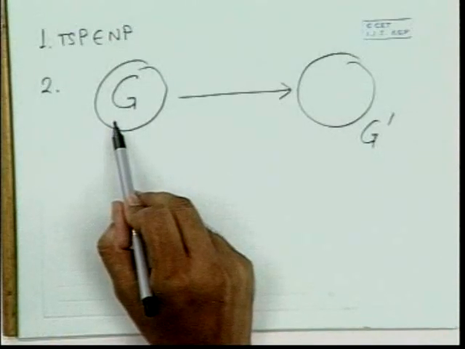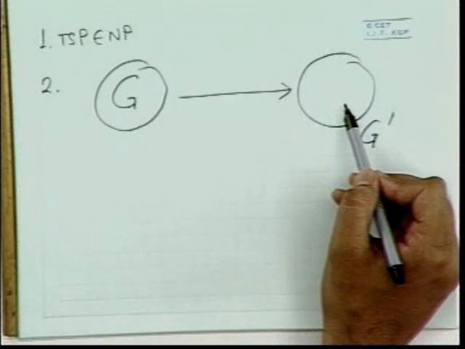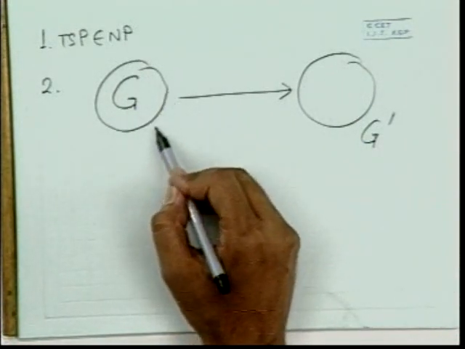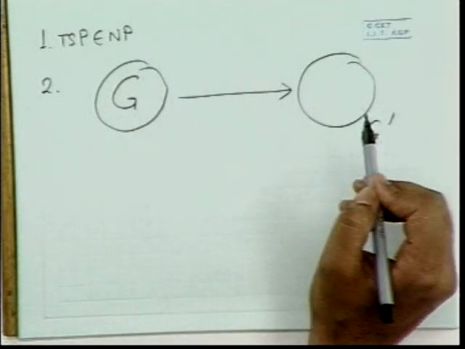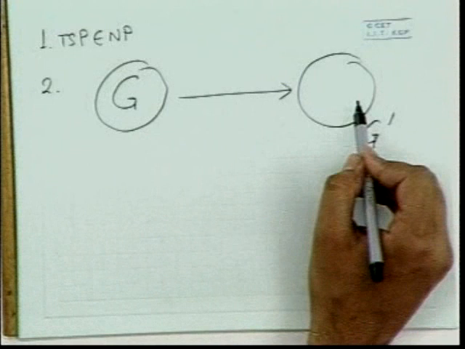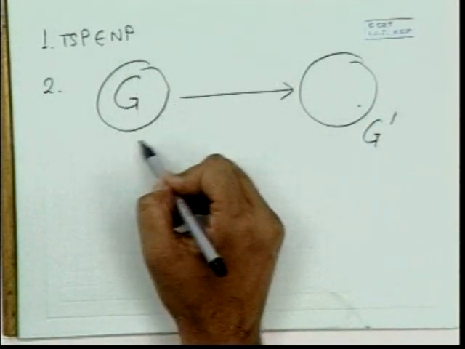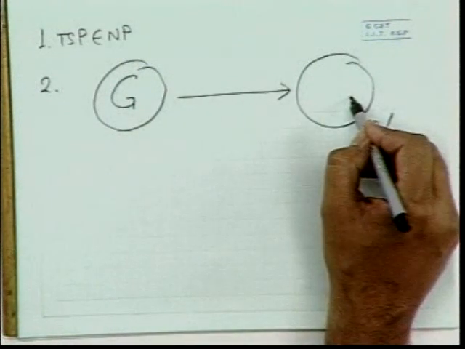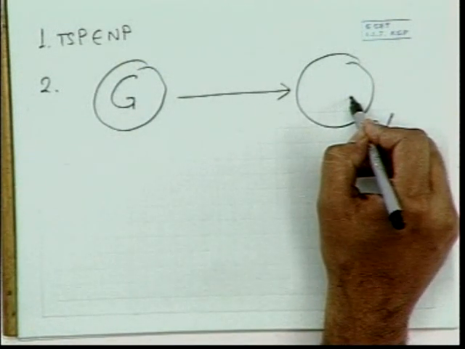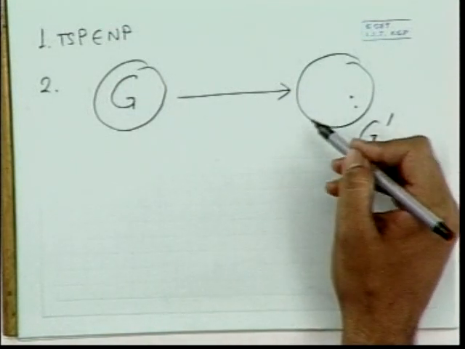Now it should be clear why I did this. If there is a Ham cycle here, definitely this is also a tour. I have to introduce the k here, so your k will be nothing but n. For each edge of G you put a weight 1, and on those edges which are newly added in G prime, you put an edge weight very high.